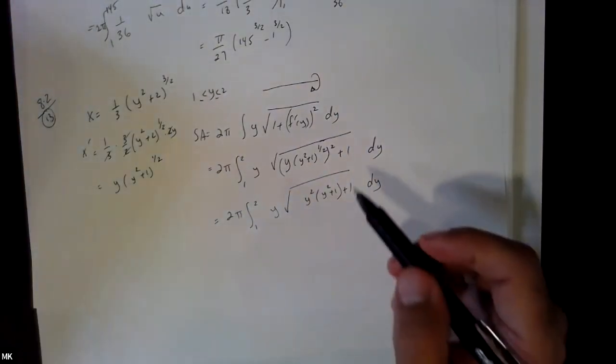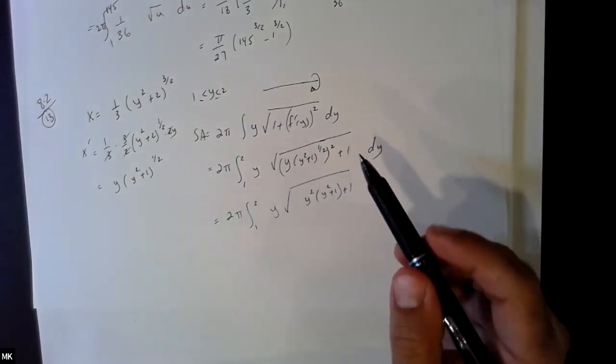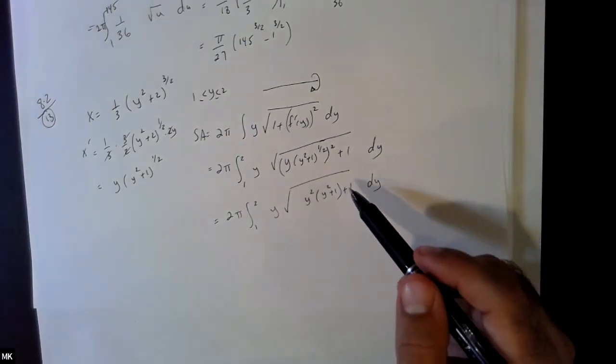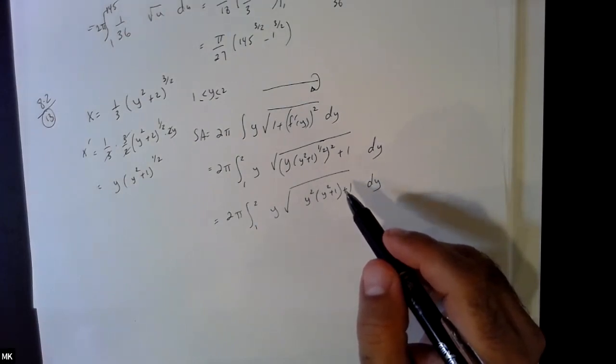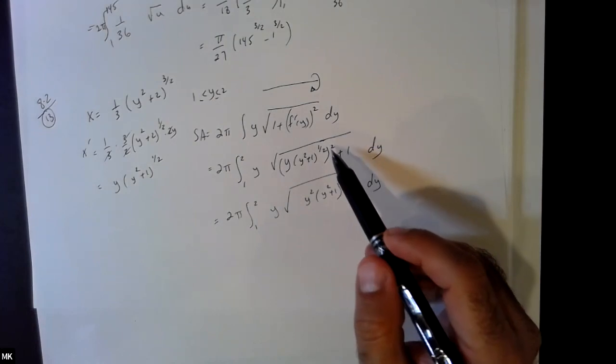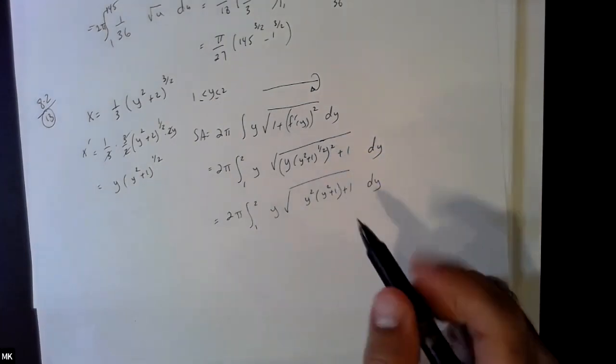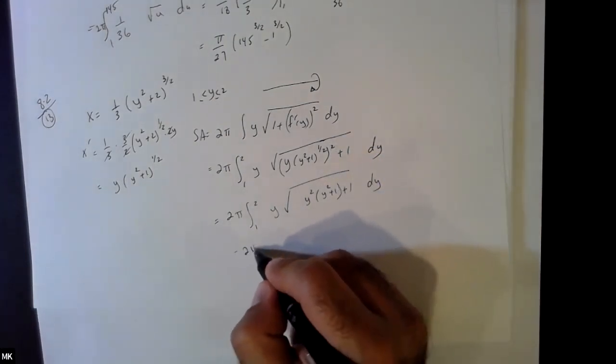Again, you choose the form based on one, what are you rotating about, and two, what will your ds form be? Yeah, and then you can integrate this part.